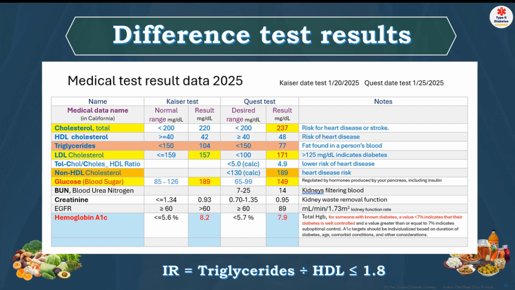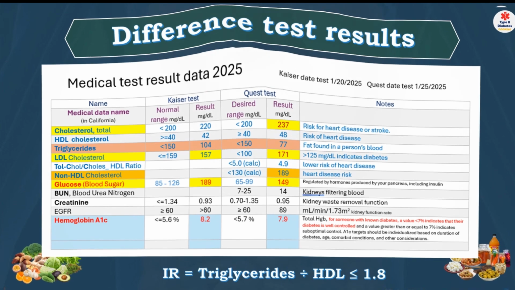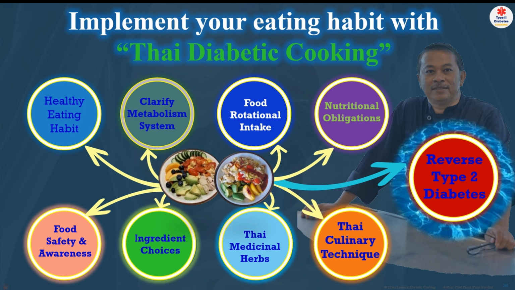In the cooking sessions, that's what I usually do, the class for people. You can implement your eating habits with Thai diabetic cooking, because this is what I'm after. I'm into it, and this is how I create a lot of things.